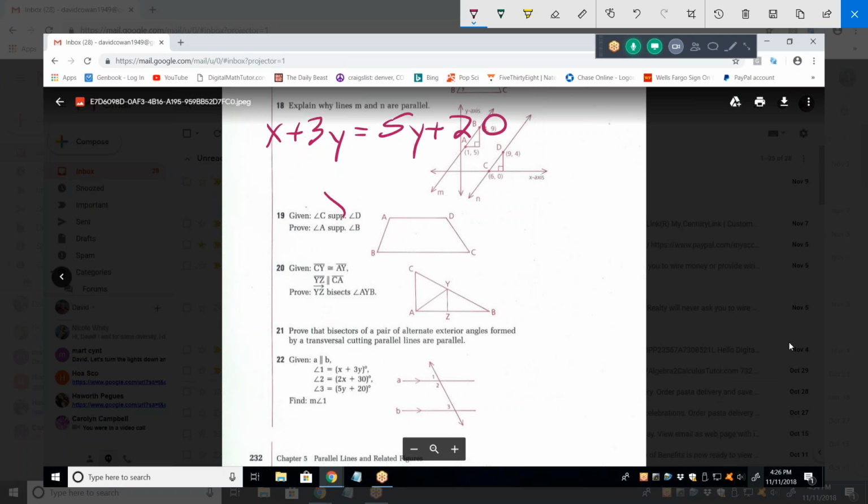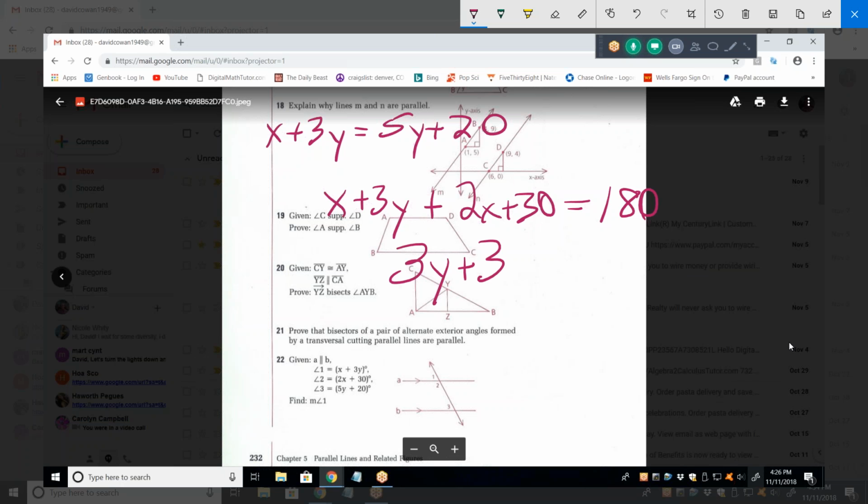So x plus 3y, which is angle 1, plus 2x plus 30, which is angle 2, has to equal 180. Which is 3y plus 3x equals 150. Then you divide it by 3 on everything. y plus x equals 50.